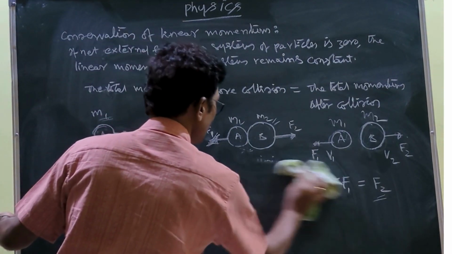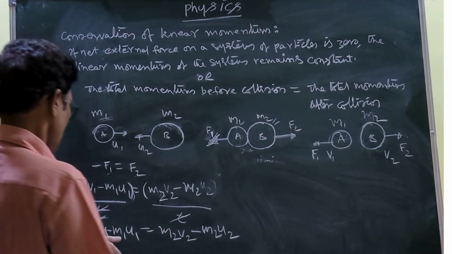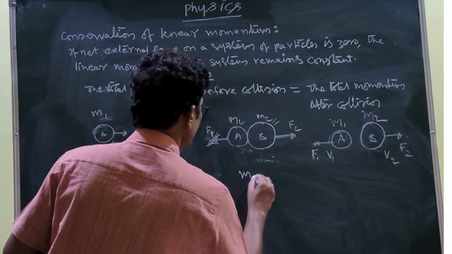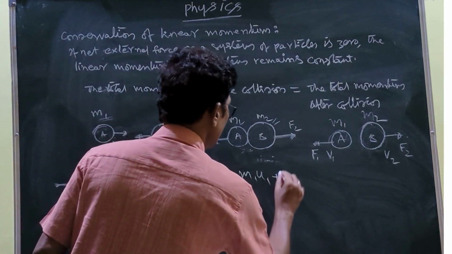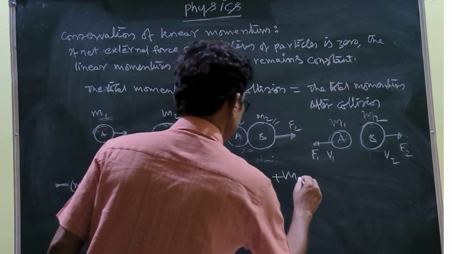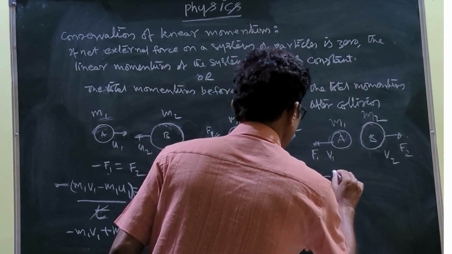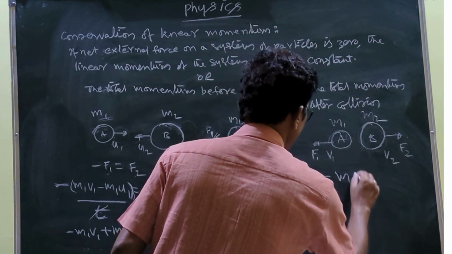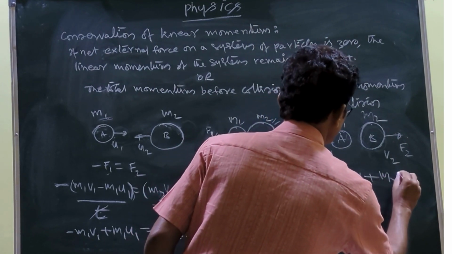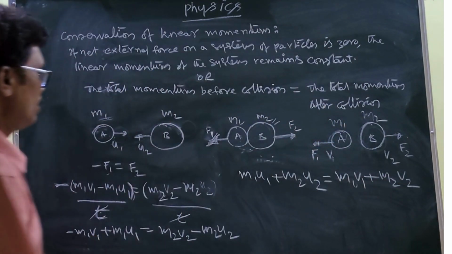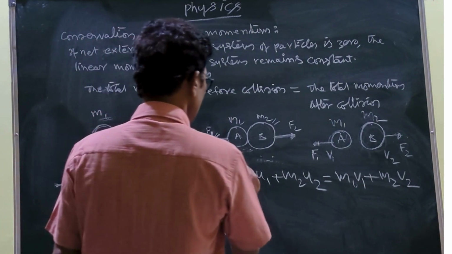If I rearrange that equation, m1 u1 taken to this side, plus m2 u2 equals m1 v1 plus m2 v2. You can understand here.